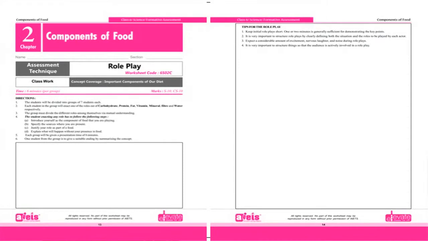So with the help of this activity, apart from completing our syllabus and assessing the child on scholastic and co-scholastic, we are inculcating a number of values in the kids. And that's the beauty of this kind of activity.